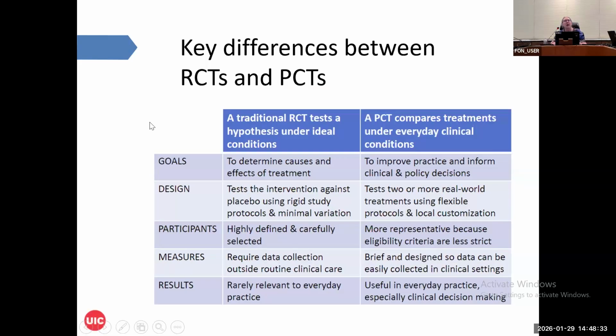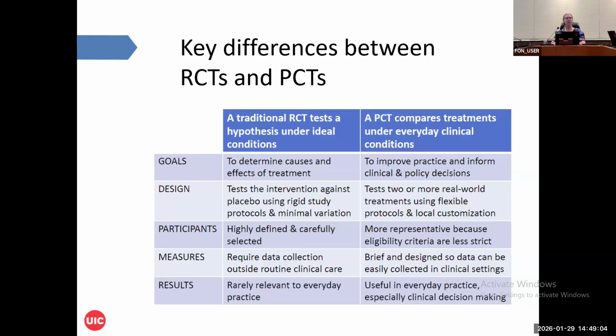Here's another table that I think summarizes the key differences between randomized clinical trials and pragmatic clinical trials. If you look at the goals, the goal for a randomized clinical trial is to determine the effect of the treatment. But with a pragmatic clinical trial, it's to improve practice and inform clinical and policy decisions.